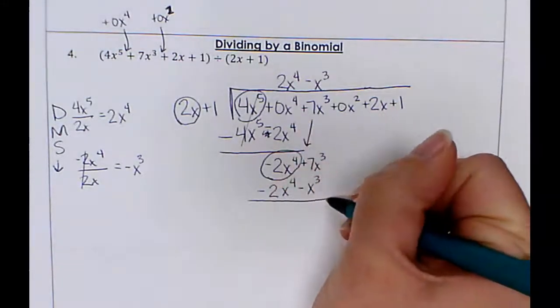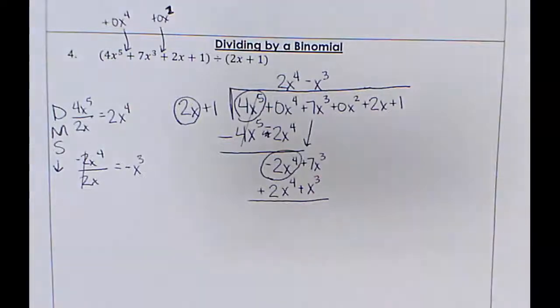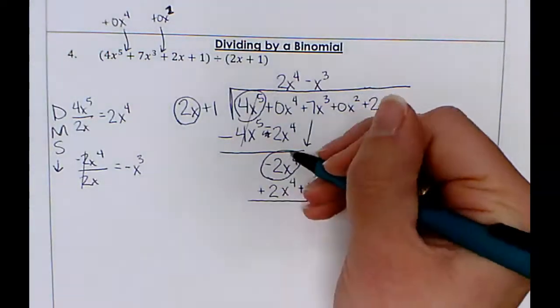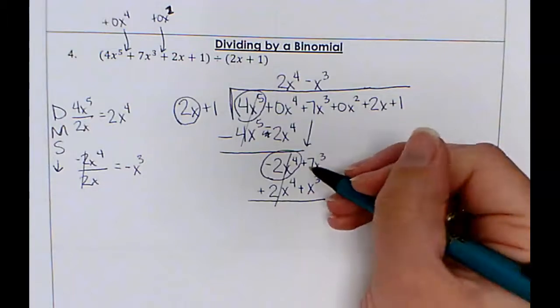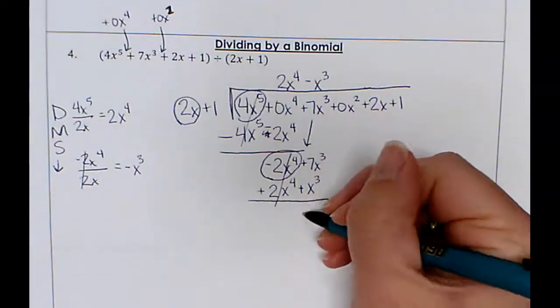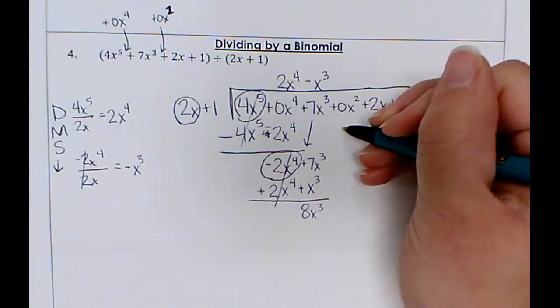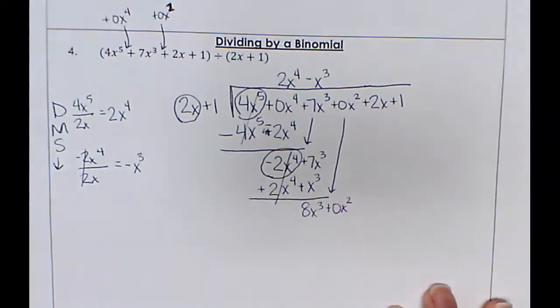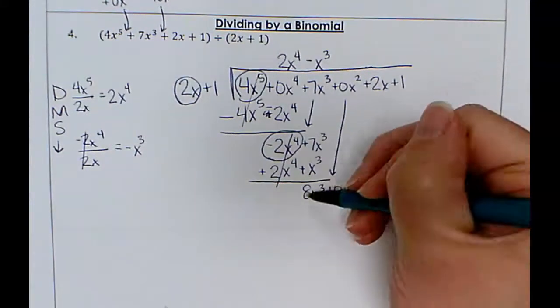Subtract. Draw the line. Change both signs. Negative 2x to the 4th plus 2x to the 4th is 0. 7x cubed plus another x cubed is 8x cubed. And I bring down the next term. And I'm ready to start over with my first term again.